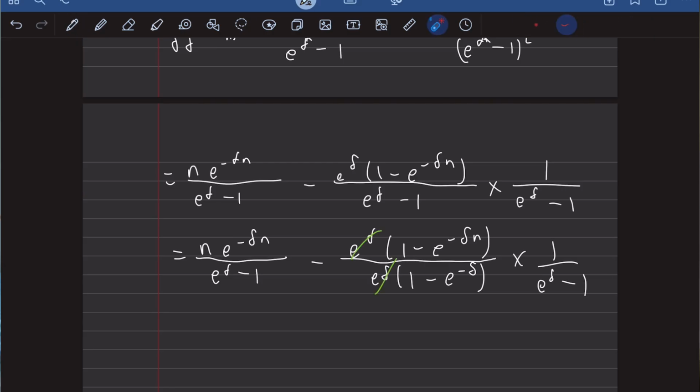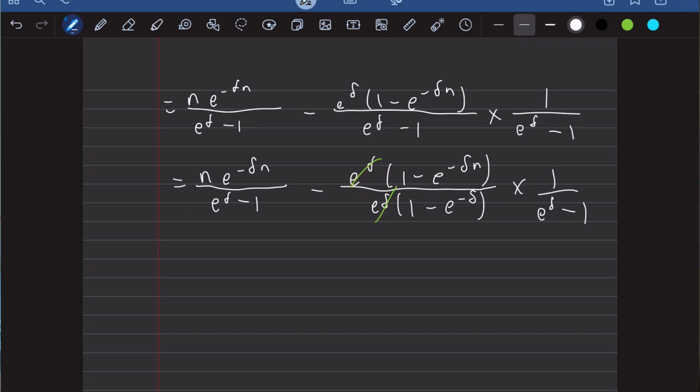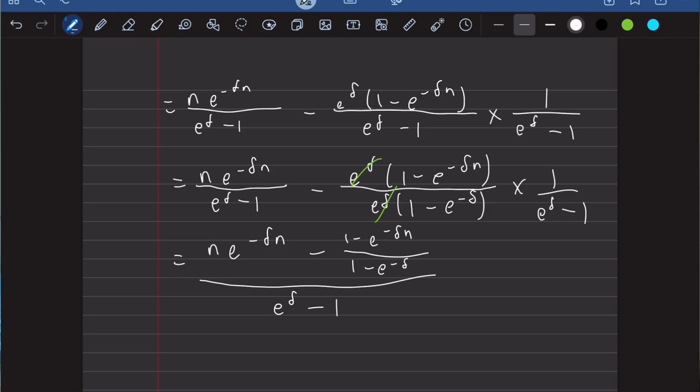And now we can combine it all as one fraction because they have the same denominator. So we can write it as n e to the negative delta n minus 1, minus e to the negative delta n over 1 minus e to the negative delta, all divided by e to the delta minus 1.